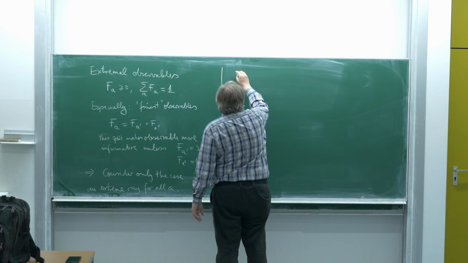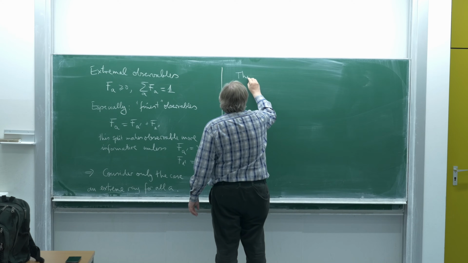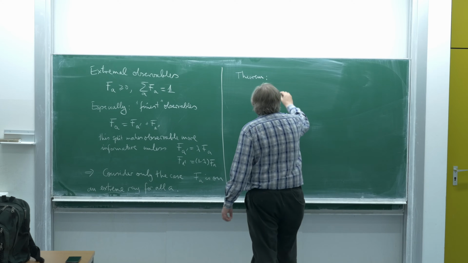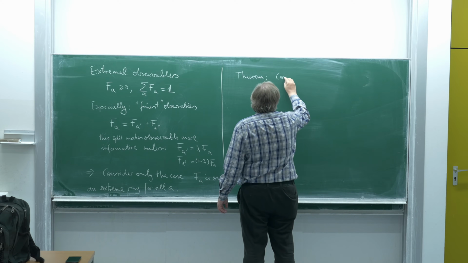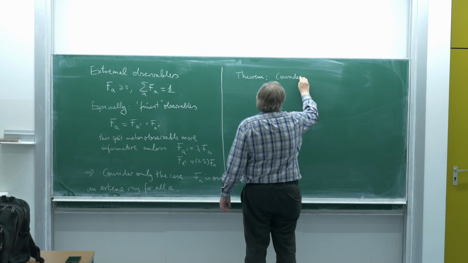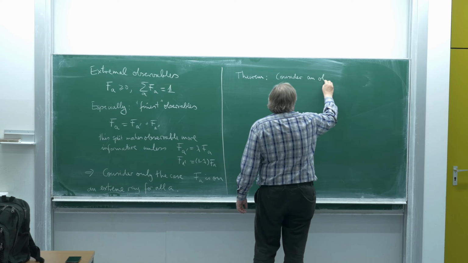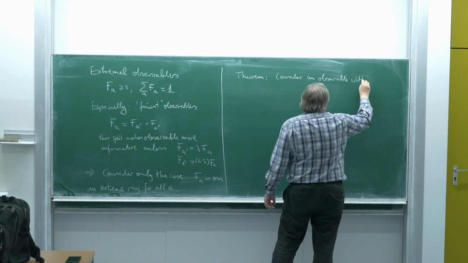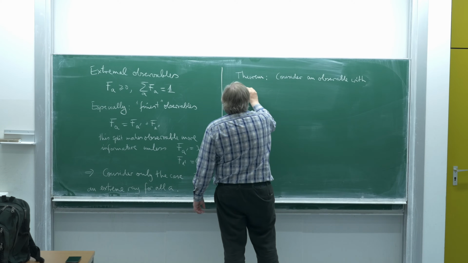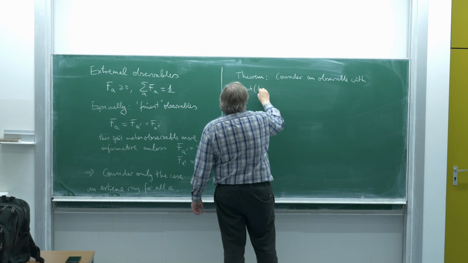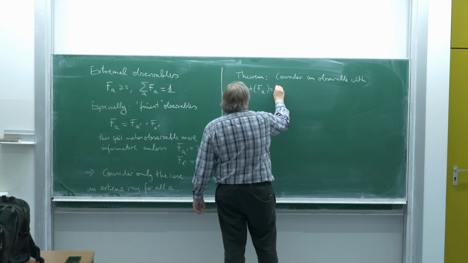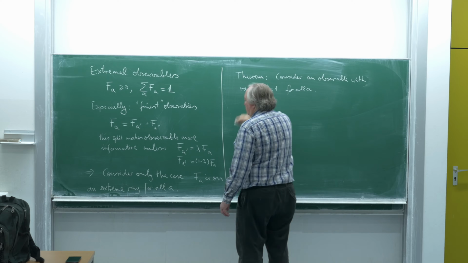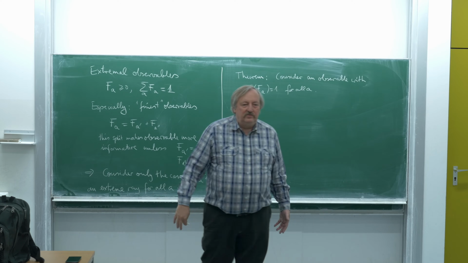So then the proposition or theorem: consider an observable with, let's say, the rank of F_A is 1 for all A. This is exactly saying it's one of these finest things.